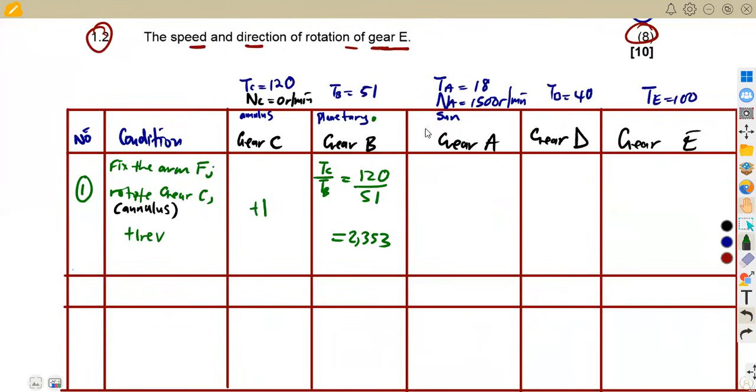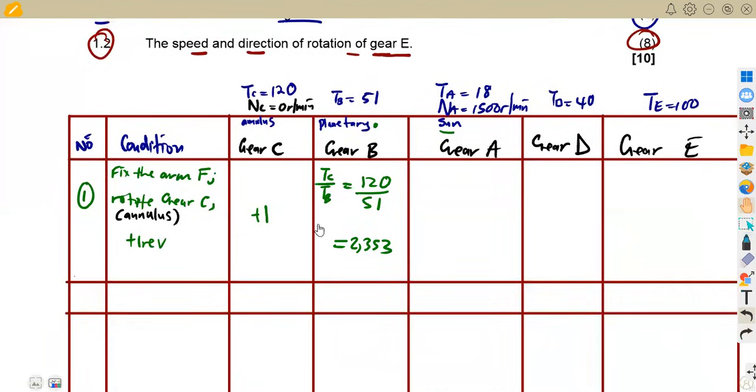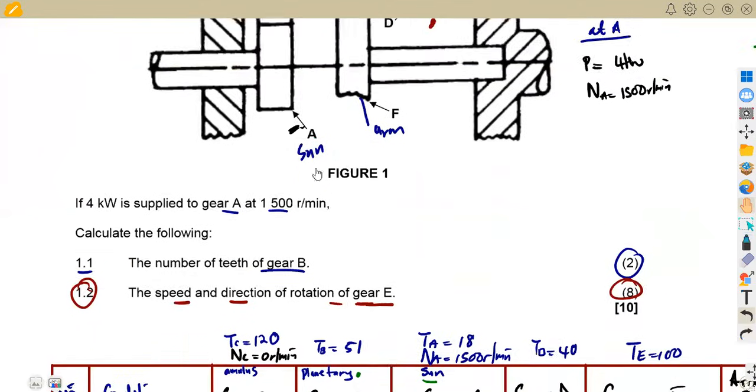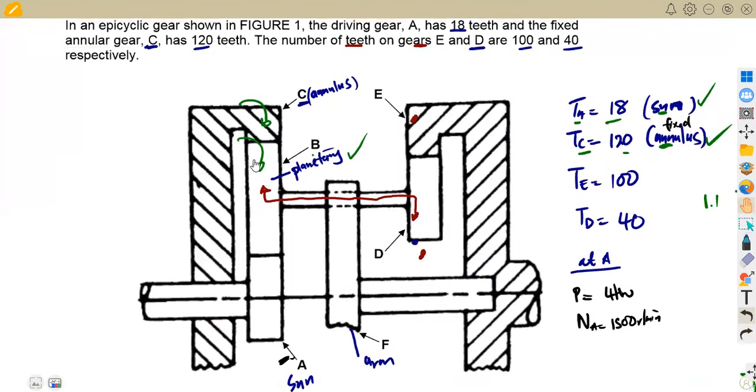Then for A, which is the sun gear, remember the sun is affected by the planet and the outer part, the annulus. So our A, which is the sun, is going to be affected by the move that occurred before with the annulus. So we're going to consider the annulus over the planetary.